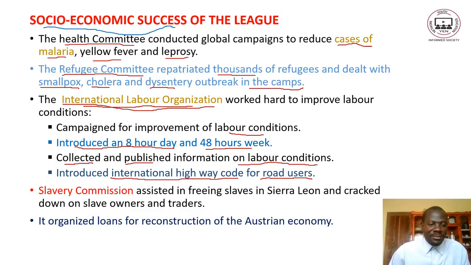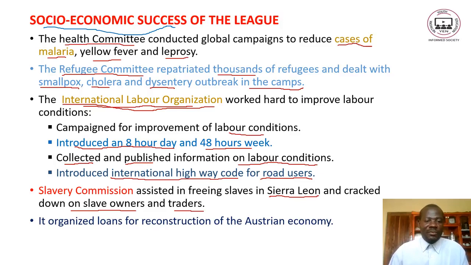And again, there was a Slavery Commission that assisted in freeing slaves, especially in Sierra Leone, and the slave owners and traders were cracked down on. They were abolished. We are trying to say that the slave trade was completely abolished, especially in Sierra Leone, where there were some elements of slavery, even though it had already been announced way back that there was no more slavery.